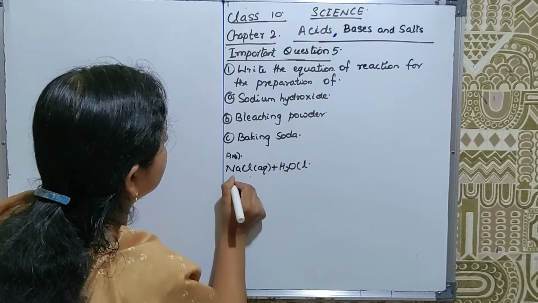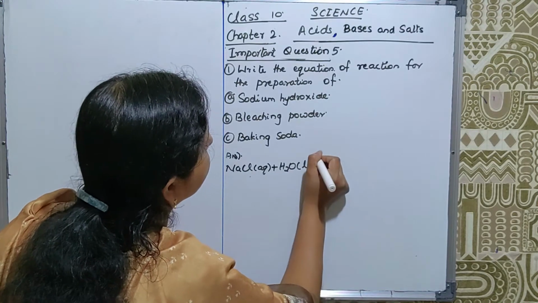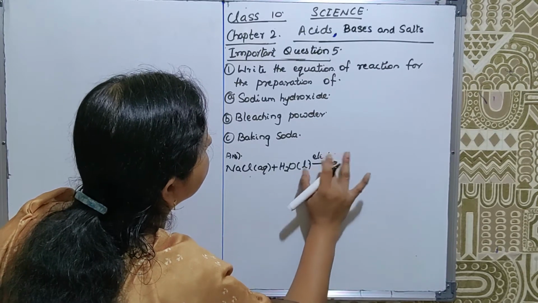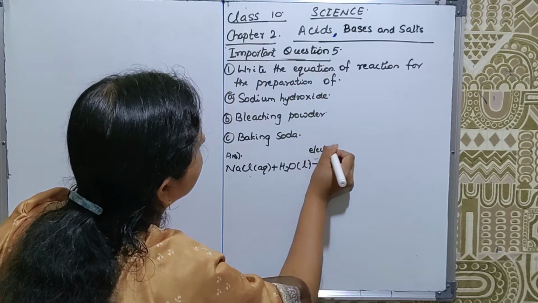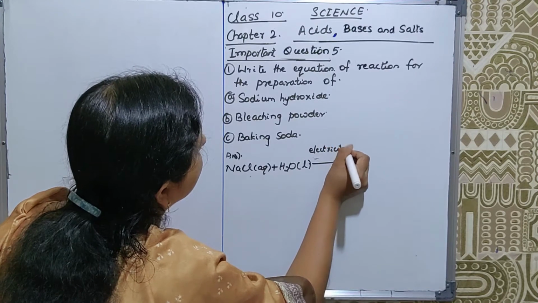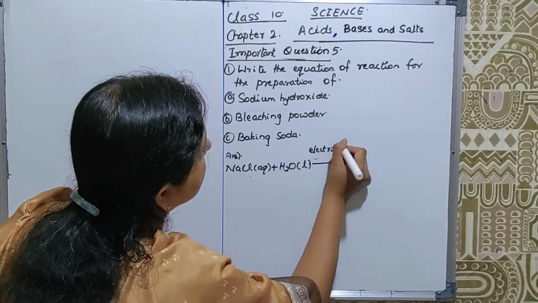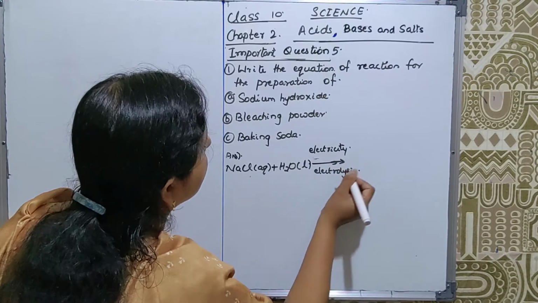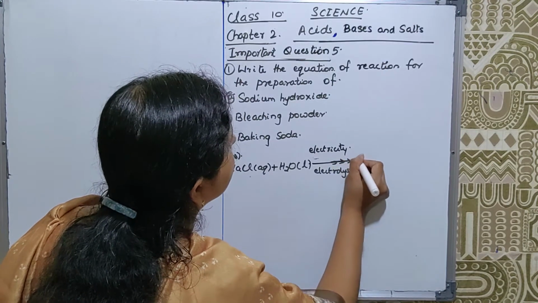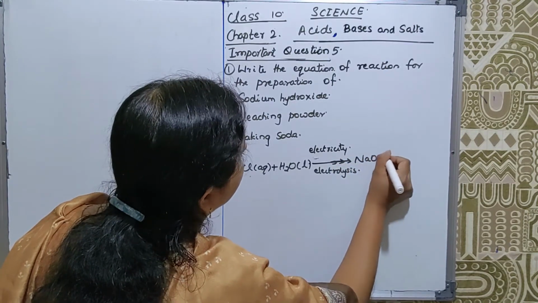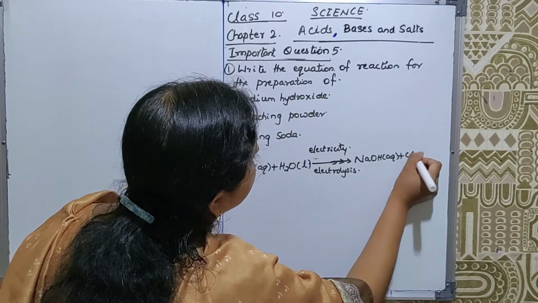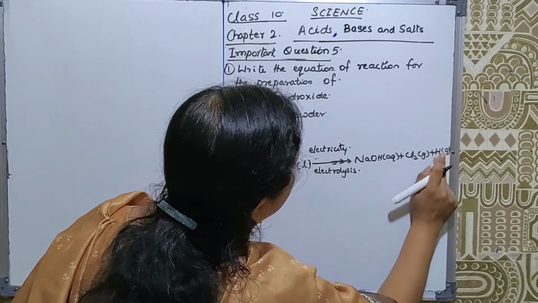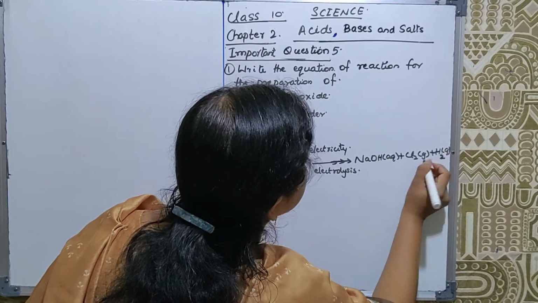When electricity is passed through that, this process is called electrolysis. We will get sodium hydroxide, aqueous, plus chlorine in the gaseous form, plus hydrogen in the gaseous form.